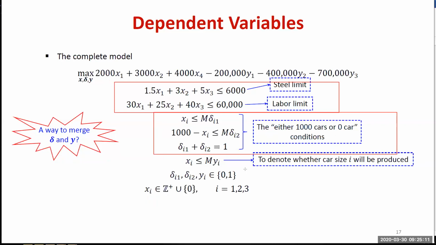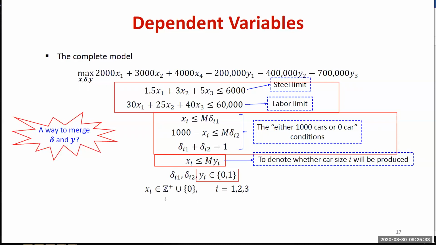And then here, this is the constraint plus this. These are the constraints to denote whether car size I will be produced or not. If it's going to be produced, then I need to pay for the initialization fee. If it's not, I don't need to pay. And correspondingly, x is going to be 0.